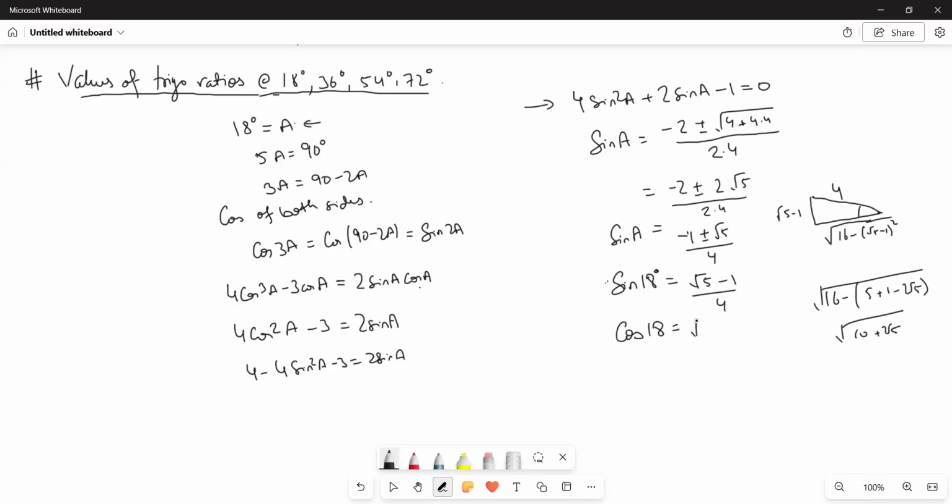So cos 18 is whole root 10 plus 2 root 5 by 4. Does everyone understand this? सर, ये cos 18 का वैल्यू 1 माइनस साइन स्क्वायर 18 से नहीं आता? हाँ, वही तो कर रहे हैं ना. ट्रायंगल मेथड वही तो होता है. Cos square is root over 1 minus sine square.